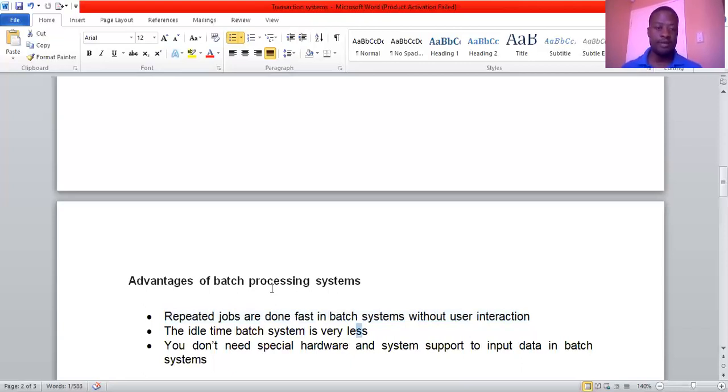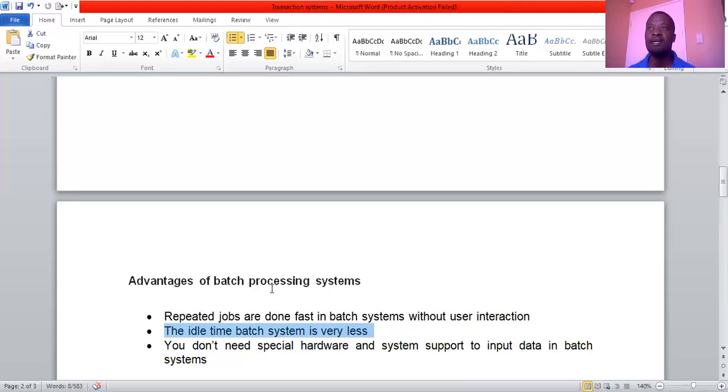The second point is that the idle time of a batch system is very low. Since this data is collected and processed at once, while the system is collecting, it's idle.